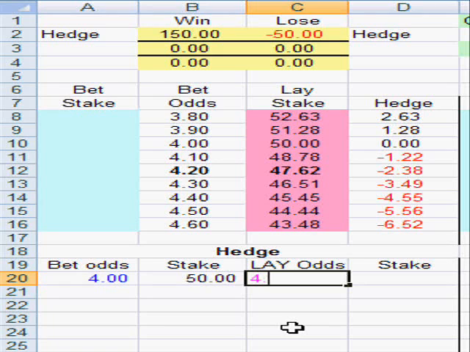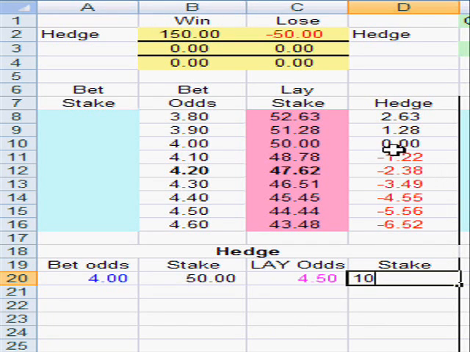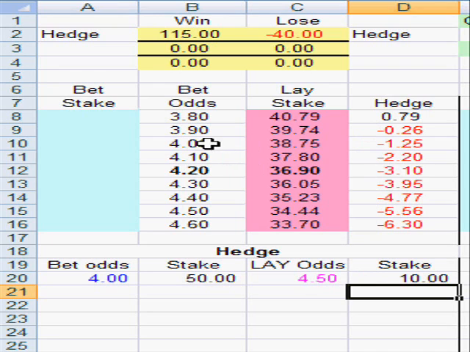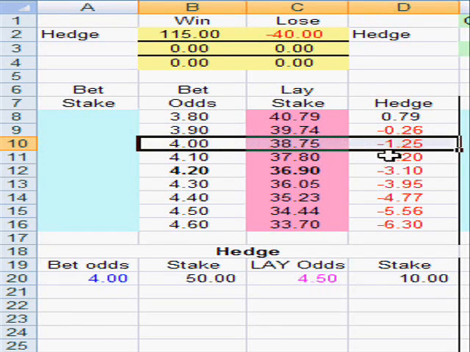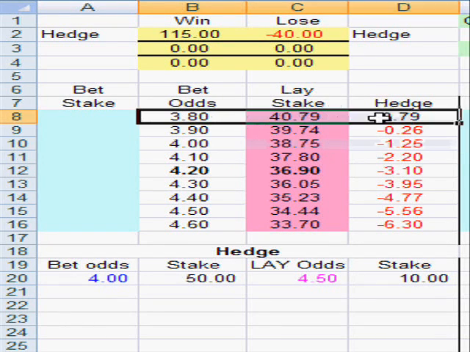Now if we lay our first £10 at 4.5, you'll see these break even odds will go up. There we are, look. We can no longer break even at odds of 4. We would need to lay at 3.8 in order to come out with a slight gain.